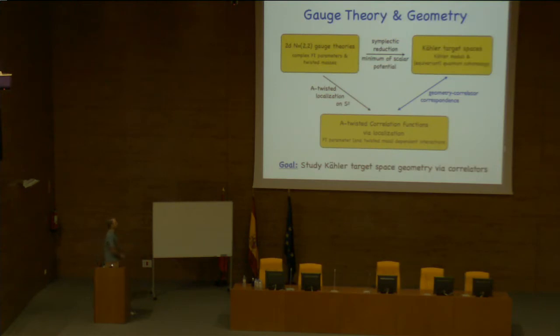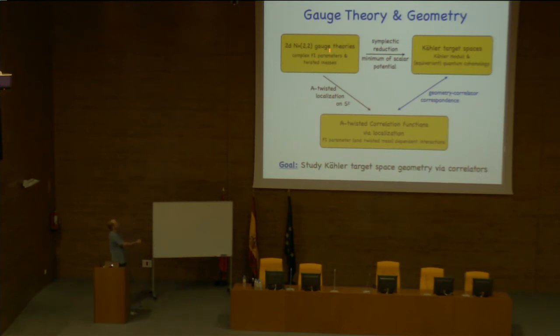So what is the idea of this talk? I've told you that we have these gauge theories. Via symplectic reduction or GIT quotients, we can relate gauge theories to Kähler target spaces. We can study the parameter dependence in these gauge theories. I've just mentioned the Fayet-Iliopoulos terms, but another thing you can turn on are twisted masses. I won't do this in this talk, but if you include twisted masses, you also include this word equivariant.